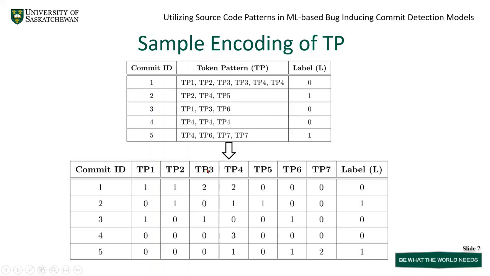For example, TP3 occurs 2 times here, so we put 2. TP5 is absent here, so we put 0. In this way, we are able to encode each commit by means of token patterns. Similarly, we will take the bag of words representation of token sequences and encode the commits using those token sequences.